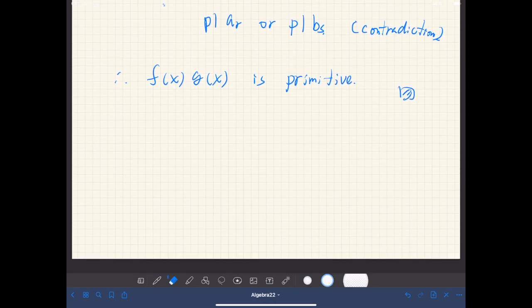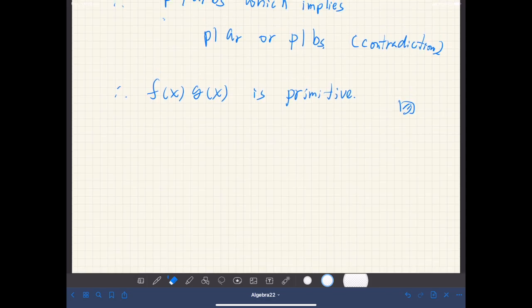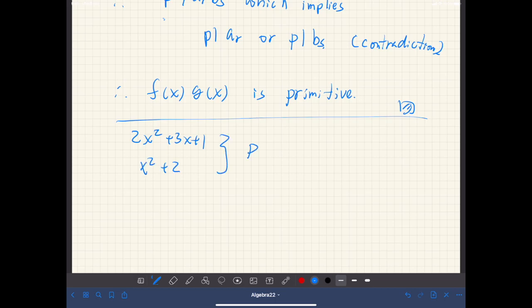Let's see one example. Consider the polynomials 2x squared plus 3x plus 1. This is primitive. And also x squared plus 2. So these are primitive polynomials. Let's take the product of these two polynomials.